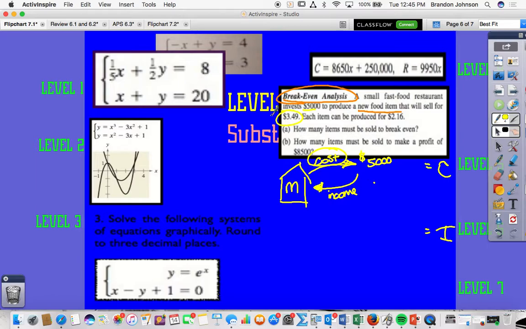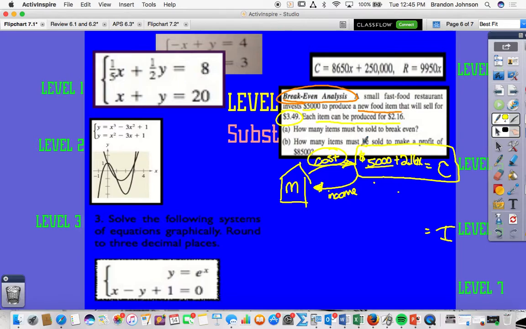It's the amount that I'm going to charge other people to buy. Now each item can be produced for $2.16, so it not only costs us $5,000, but it costs us $2.16 times X. And this is now our total C, or our cost.